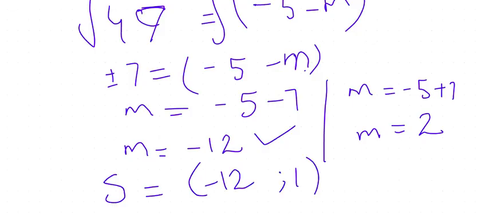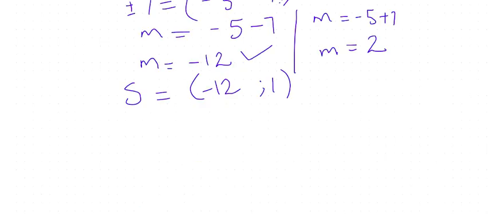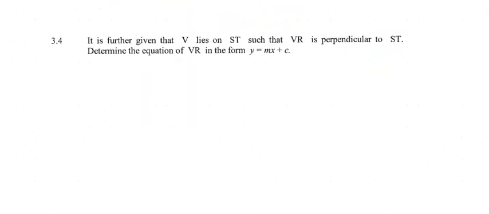We had to calculate the value of M, so that is done. I'll move to the next question. In 3.4, it is further given that V lies on ST such that VR is perpendicular to ST. Determine the equation of VR in the form y equals mx plus c.